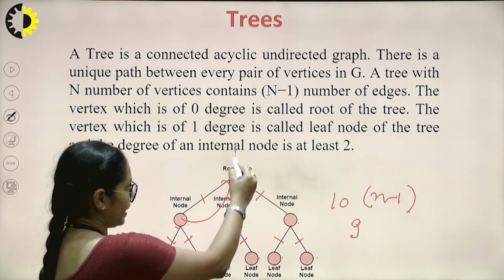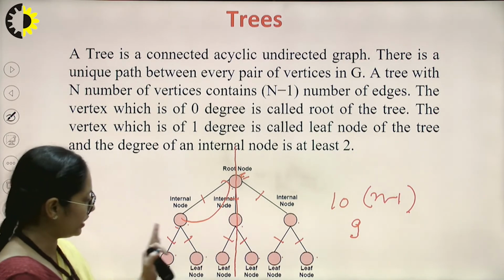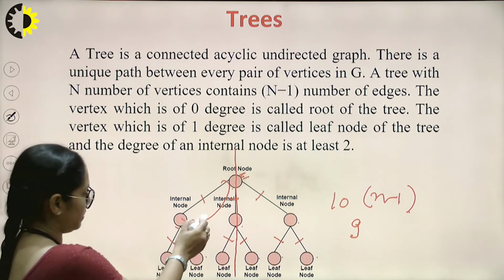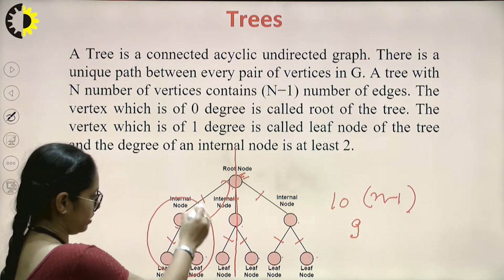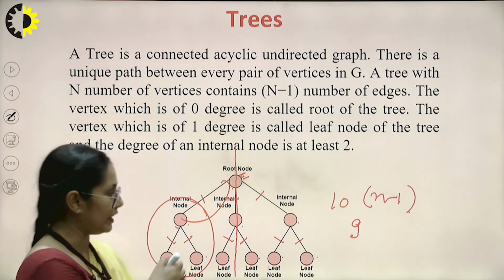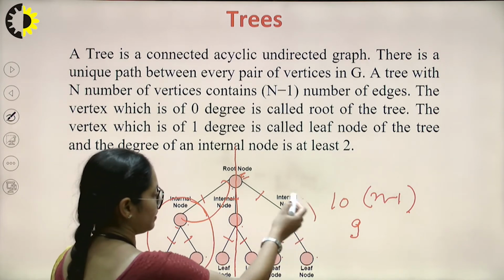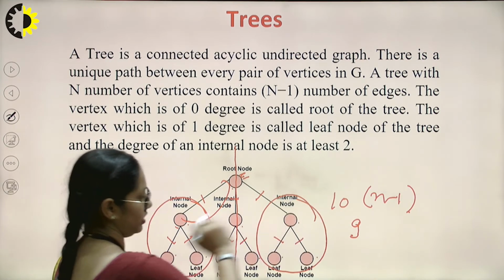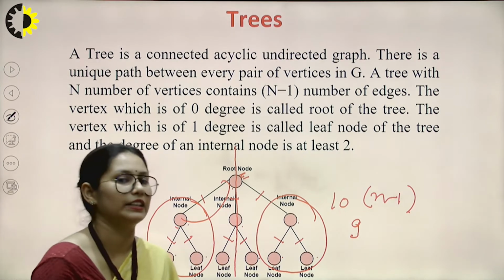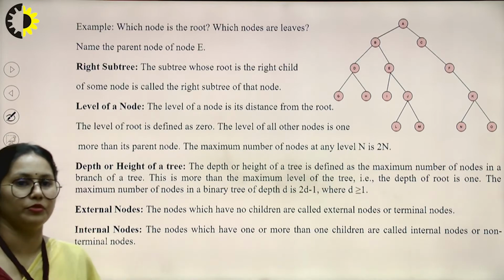It will be divided like this. So, what is on the left side, this particular tree, is your left subtree. And the right subtree is this particular tree, which is on the right side of the root node. Fine.